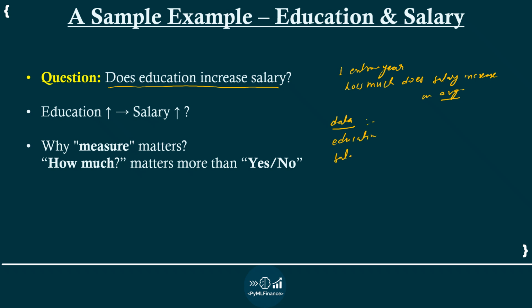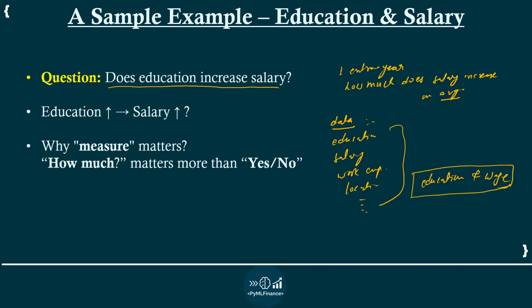Their education, their current salary, their work experience, their location, etc. All these data will be used to estimate the relationship between education and wage. Now, how much matters more than yes or no.